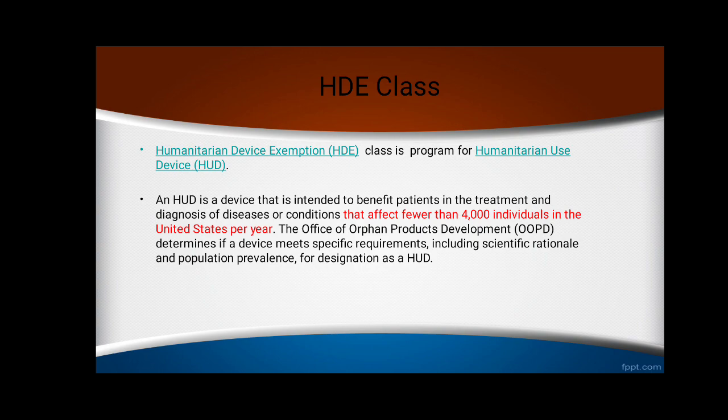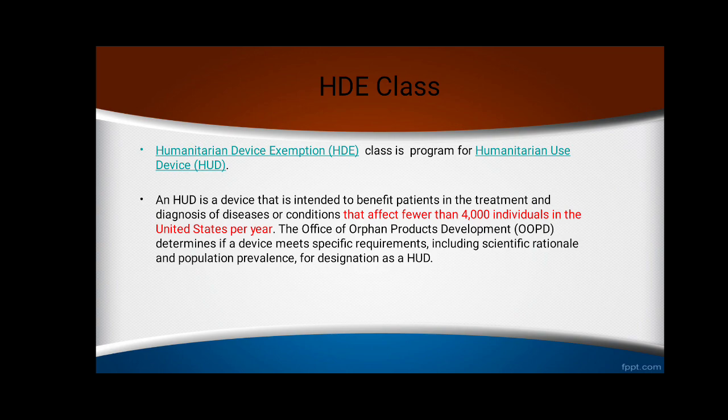HDE class. Humanitarian device exemption. HDE class is for humanitarian use devices. A HUD is a device that is intended to benefit patients in the treatment and diagnosis of diseases or conditions that affect fewer than 4,000 individuals in the United States per year.